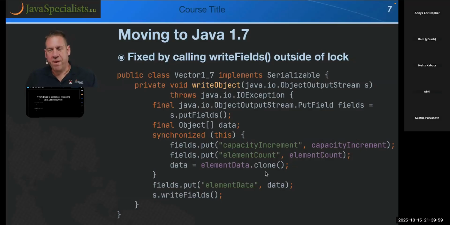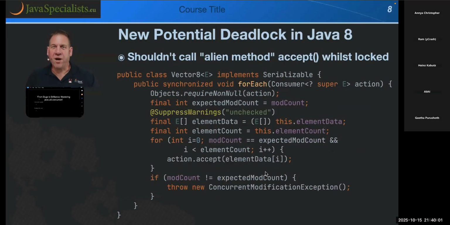I'm not sure if there are bugs, there probably are, but I'm not sure which ones they are. But then in Java 8, they added the forEach method. And forEach took a Consumer, and Consumer is some foreign implementation of an action. And they would then call action.accept whilst holding the lock, whilst being synchronized.